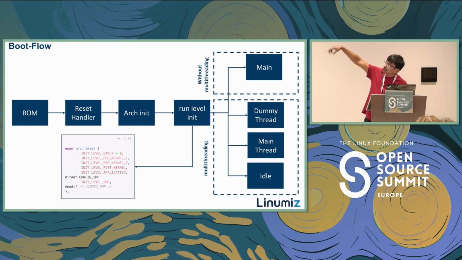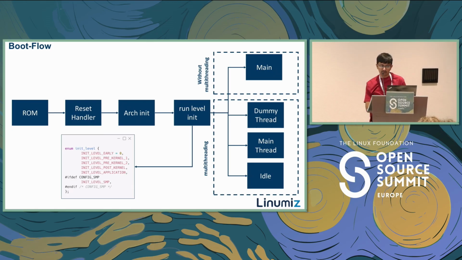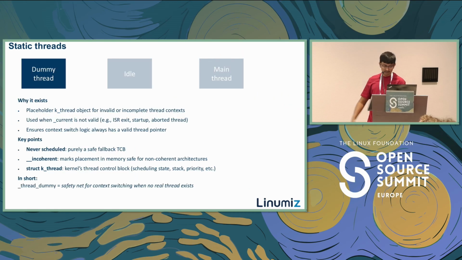Then you have at least 3 threads when multithreading is enabled: dummy thread, main thread, and idle. When you don't have multithreading enabled, it jumps straight into the main function and executes it in a loop. I will tell you what exactly each of these means.